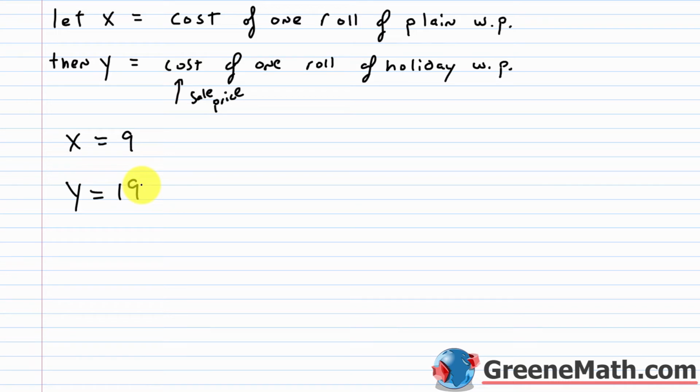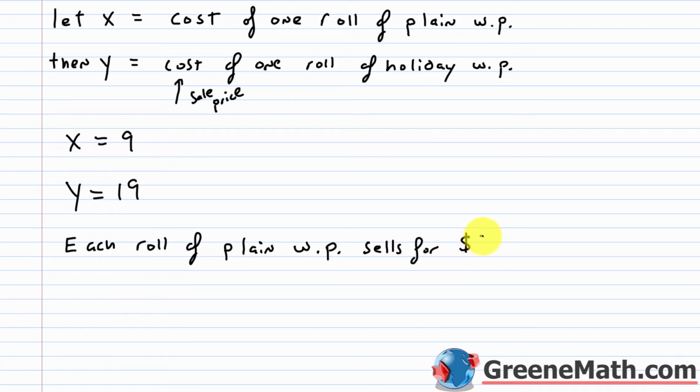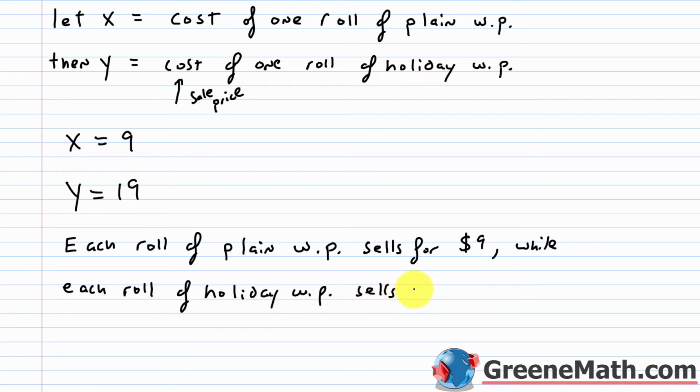So to answer this, we can say that each roll of plain wrapping paper, which again I'll abbreviate, sells for $9, while each roll of holiday wrapping paper sells for $19.